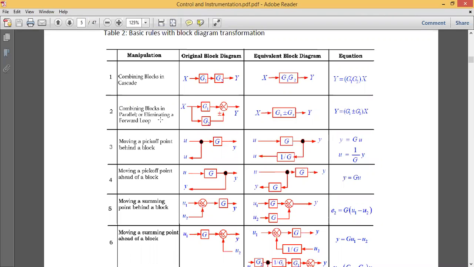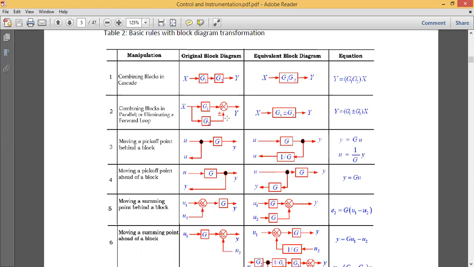It can be in series or in parallel. How does my original block diagram look? There are two blocks in parallel and they are forward. You can see forward in the sense that G1 is moving towards Y and G2 is also moving towards Y.